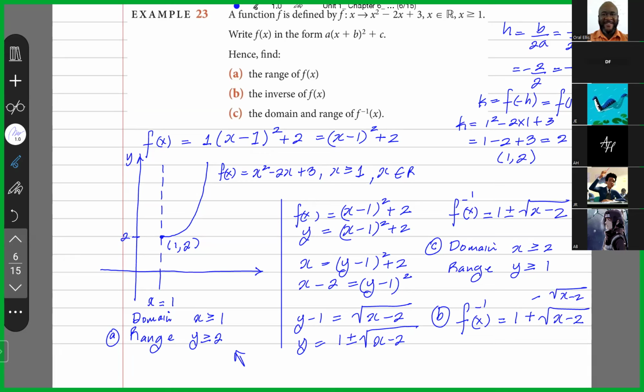The square root of 4 would be 2. It would be 1 minus 2, which is minus 1. But f inverse of x cannot be minus 1. The lowest value of f inverse of x is 1, because the range is greater than or equal to 1. With that in mind, f inverse of x is 1 plus the square root of x minus 2.